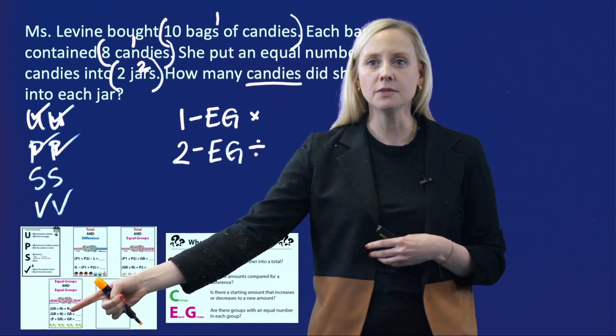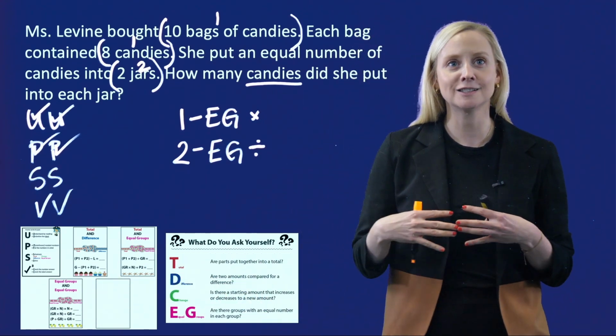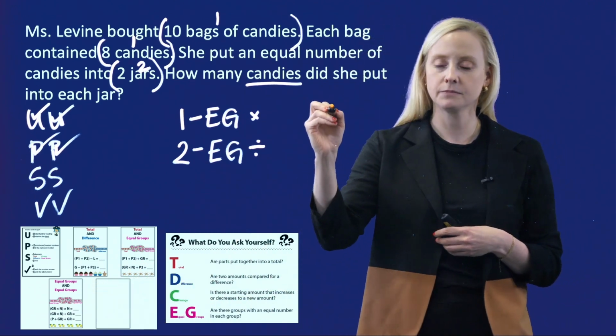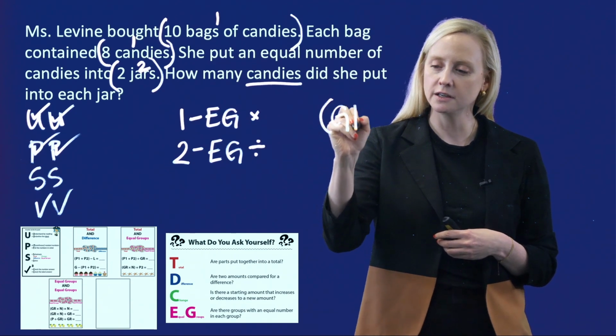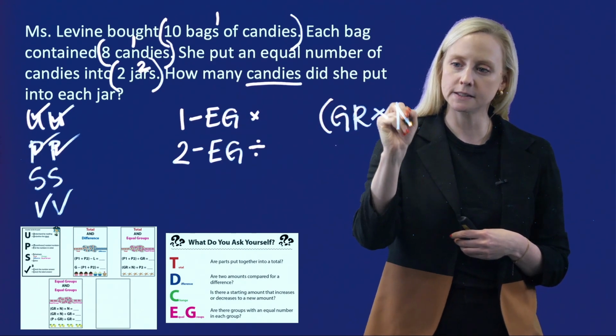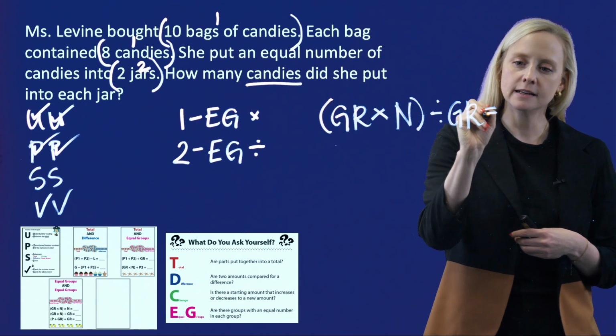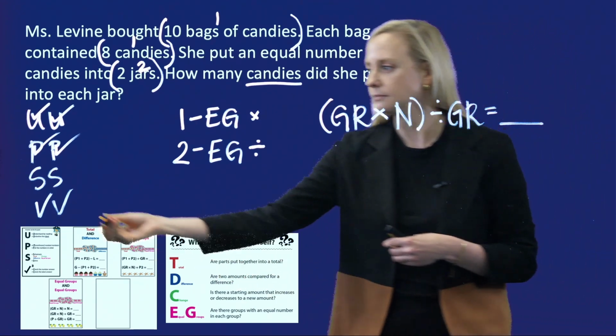And if I look here at the second equation, I see that that's the one I'm looking for because I see the multiplication and then division. So here I'm going to write that equation, groups times the number in each group, divided by the groups again is the same as blank.